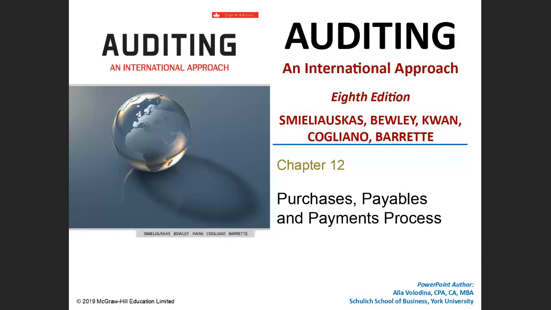And as I suggested in the instructions, you should have a look at the internal control questionnaire that we talked about for Chapter 11, which of course dealt with the revenue, receivable, receipt cycle. You can use the internal control questionnaire and look at the company's set of facts and try to discern what the weaknesses in internal control are.